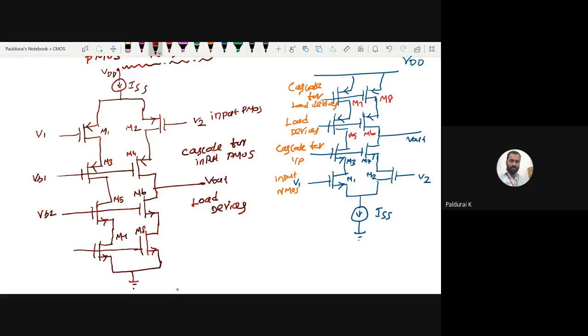M7, M8. This is the cascode for load devices. Hope you are clear on how to sketch the PMOS input pair telescopic op amp. So here is the input this time. So far, any doubt?